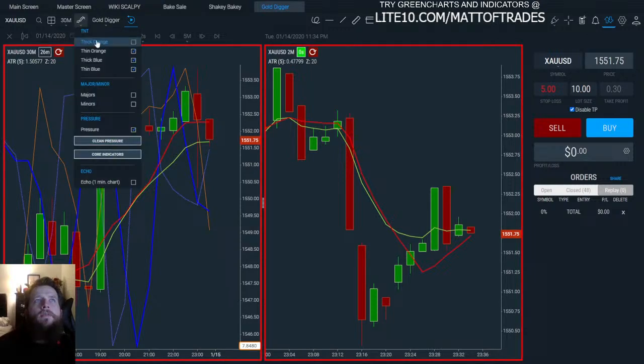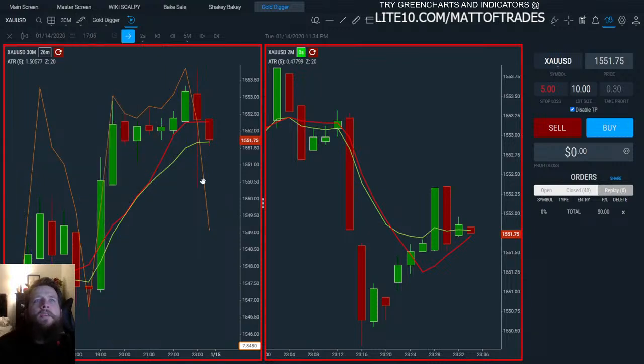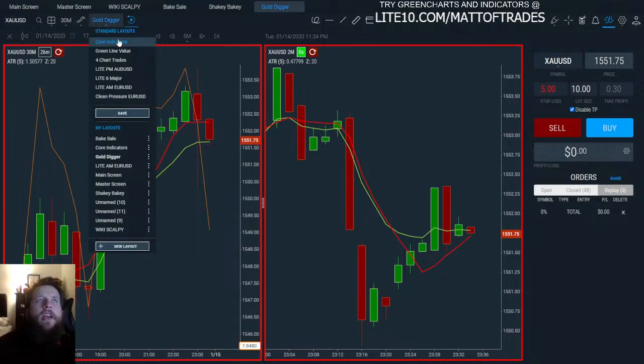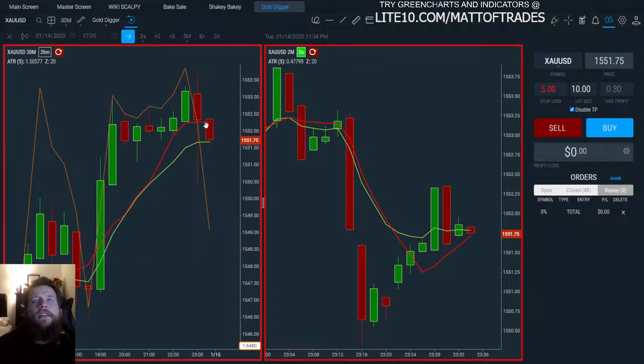Okay, so let's only use the thin orange TNT line. And, you know what? I'm trying to decide which indicators.